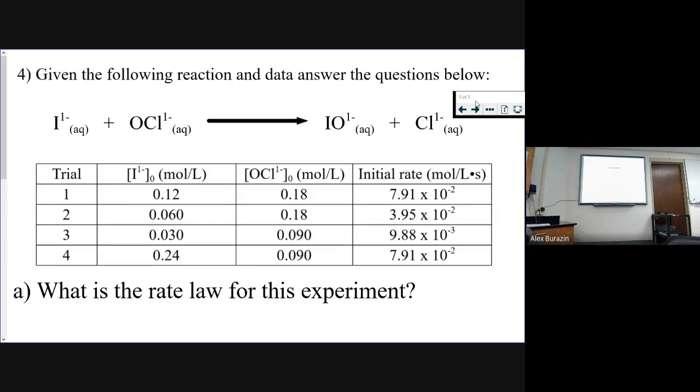So what I do is I want to play one of them. So from trial 2 to trial 1, what happens? Let's be more specific.